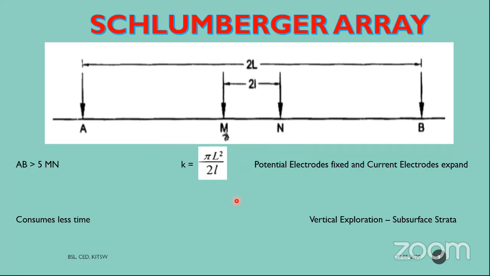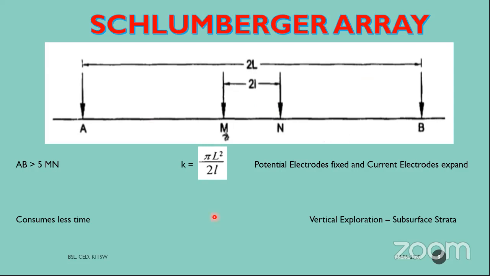The geometrical constant K is defined as pi L squared, where L is half of AB, that is AB by 2, the distance between the current electrodes, and small l indicates the spacing between the inner electrodes. Generally, AB is kept at a distance greater than 5 times the MN distance. So 5 times this distance gives you AB.